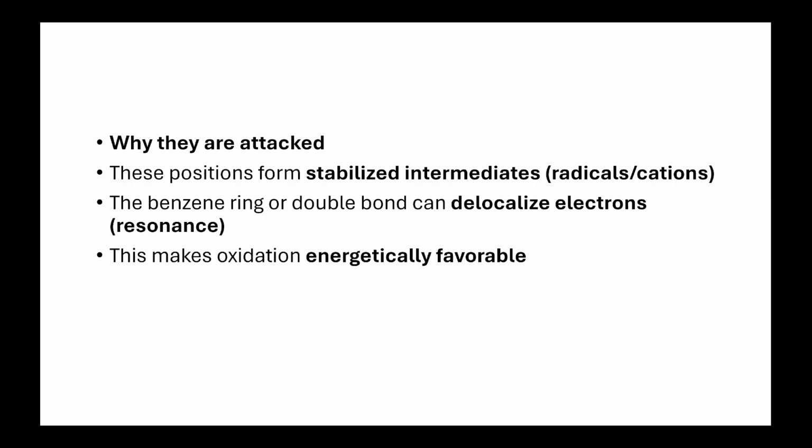They are attacked primarily because once they are oxidized, these positions can form stabilized intermediates, meaning they are stable enough so that the forward reaction proceeds. The benzene ring or the double bond can delocalize electrons, such as resonance. They can temporarily hold the electrons so that they could rearrange. This makes oxidation energetically favorable.